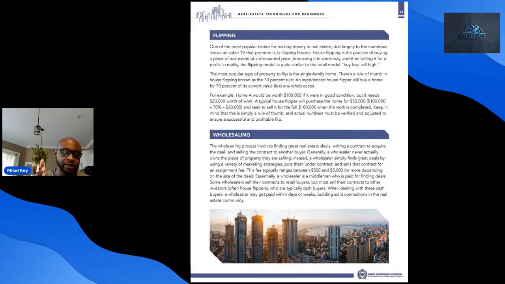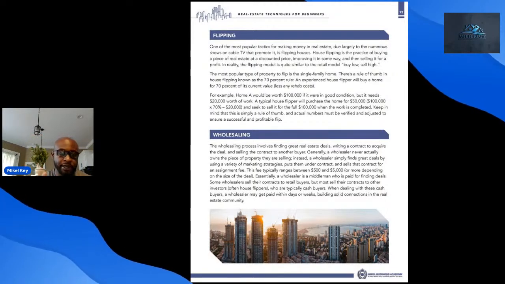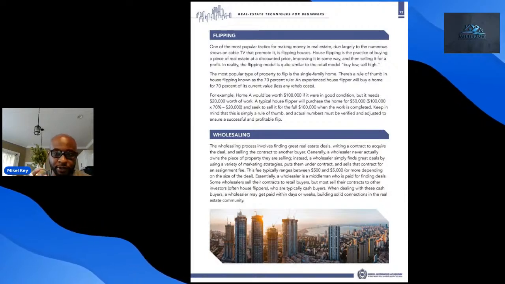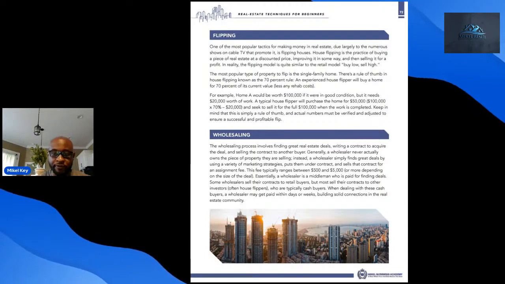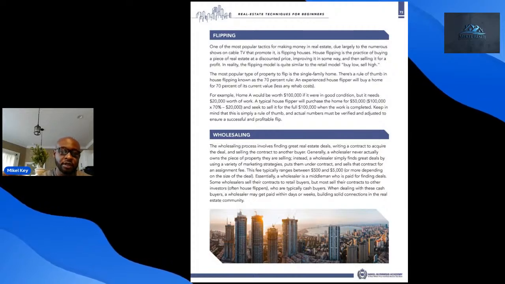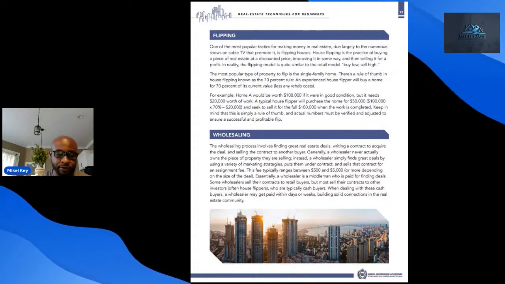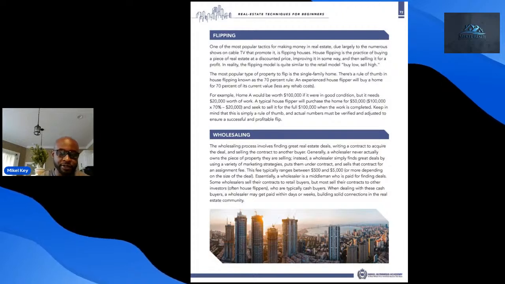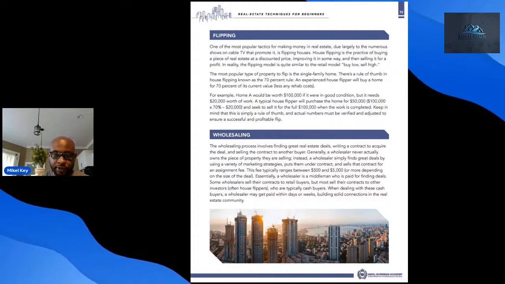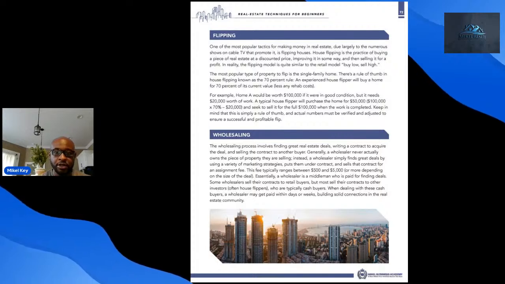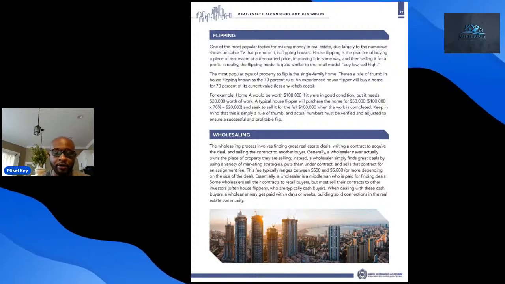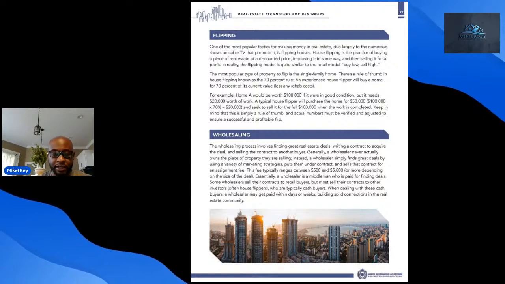Go back and look at all the past sales in the area and calculate what that price per square foot is. If that price per square foot is $125 and your house is 1,000 square feet, you just multiply those by each other and you come out with $125,000.